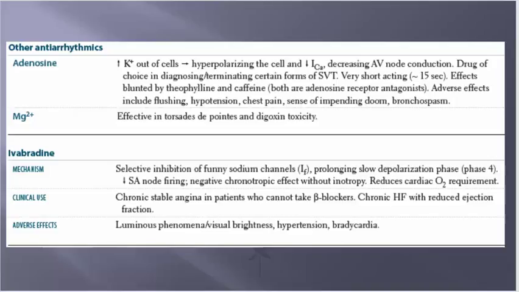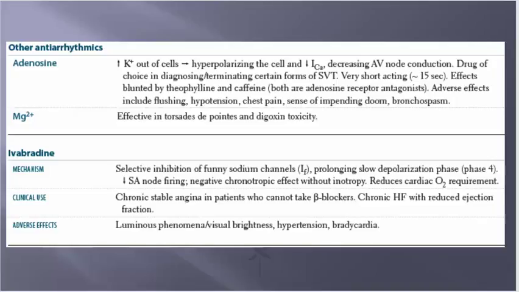And other arrhythmias. Adenosine increases potassium efflux out of cells, hyperpolarizing the cell and decreasing current, decreasing AV node conduction. Drug of choice in diagnosing and terminating certain forms of SVT, very short acting, 15 seconds.